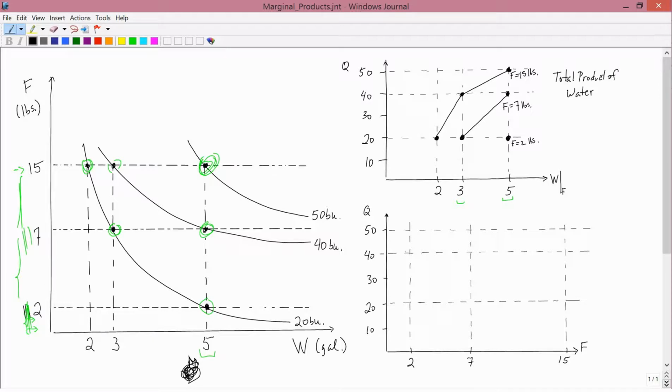There's not just one total product of water curve. There are an infinite number of total product of water curves depending on what level fertilizer is fixed at. Here I've drawn 3 of them. One where fertilizer is fixed at 2, one where fertilizer is fixed at 7, one where fertilizer is fixed at 15. So I'll say total product of water curves, using the plural, because these are 3 examples.